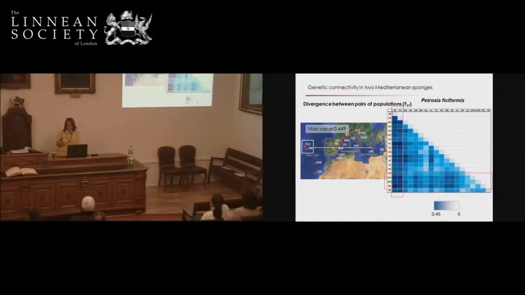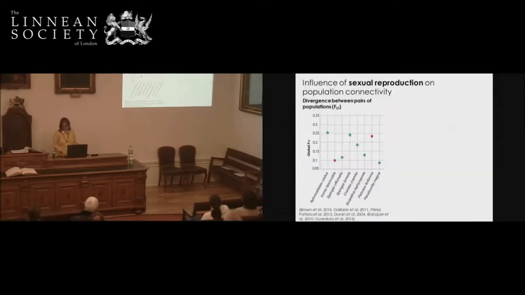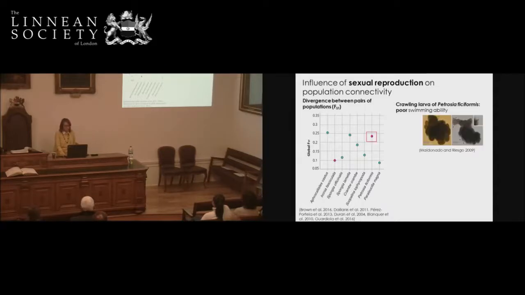It doesn't matter what it means. It's double the value. And I grew tired of putting asterisks in this Excel file, but all of them are significantly different, all of them. So that means there's something that is making these Petrosia fittiformis populations differentiate massively from the rest of them. And if you put that in context, these 2 pink dots in there, and there are other sponges from the Mediterranean and from other areas, and you see there are major differences.